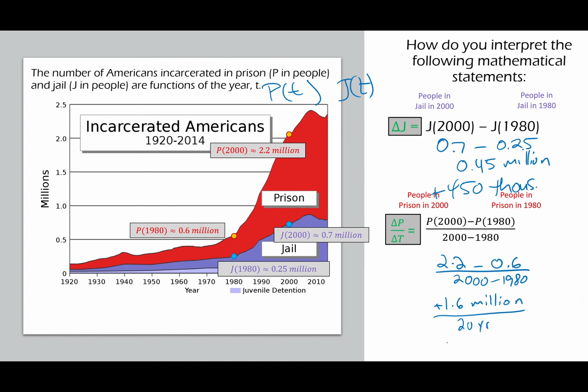So doing the division, we get 0.08 million people per year, and that is approximately 80,000 people a year. So between 1980 and 2000, the prison population was increasing by about 80,000 people a year.